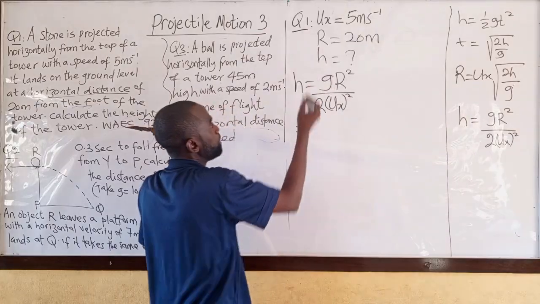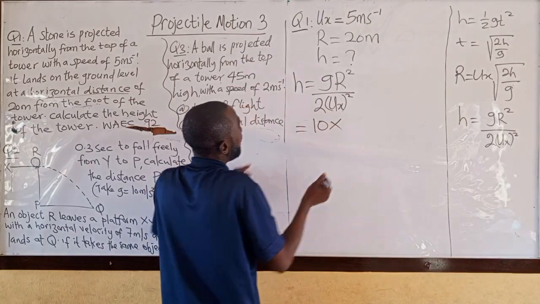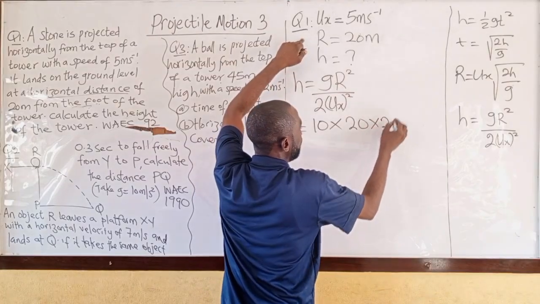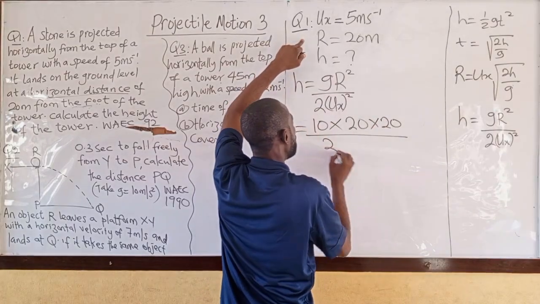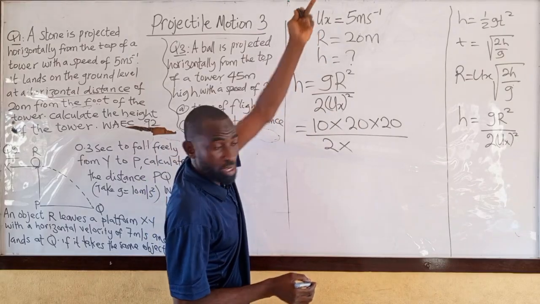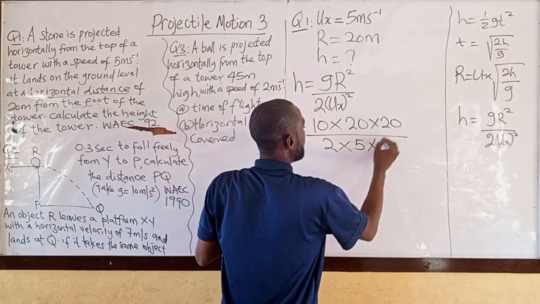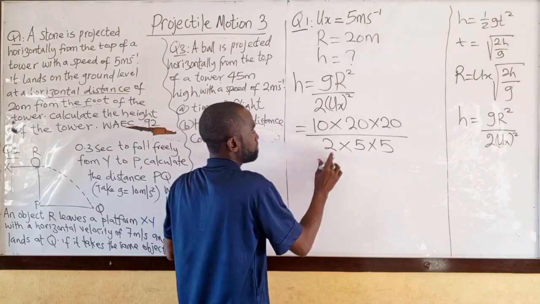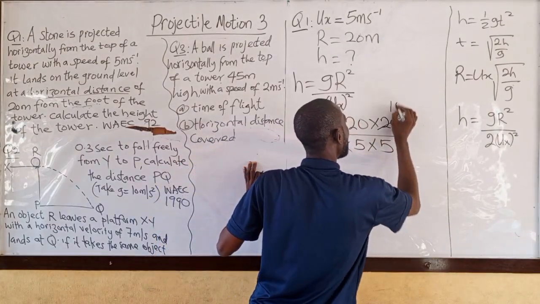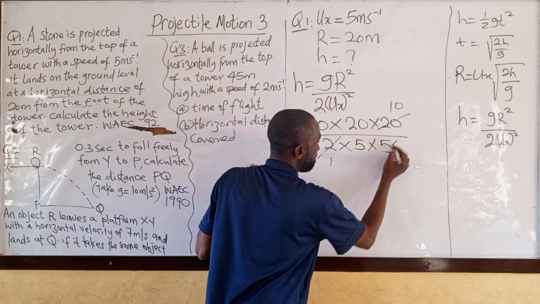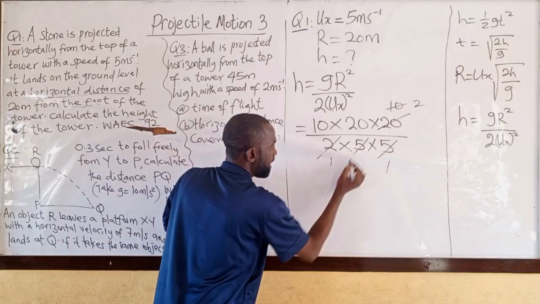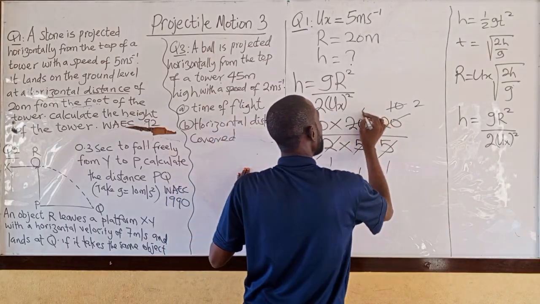So imputing, our g is 10 times our r is 20 all square, meaning 20 times 20, all over 2 times our u of x, which is 5 all square, that will be 5 times 5. I need to cancel? Yes. 2 here 1, 2 here 10, 5 here 1, 5 here 2, 5 here 1, 5 here 4.